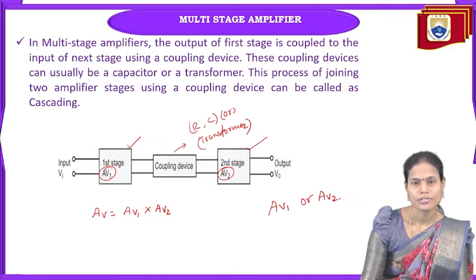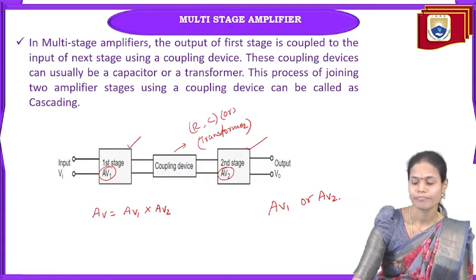Those we discussed in the previous session. Along with the RC coupled amplifier and transformer coupled amplifier, we have two more multi-stage amplifiers: the Darlington Pair or Darlington Amplifier and the Cascode Amplifier.